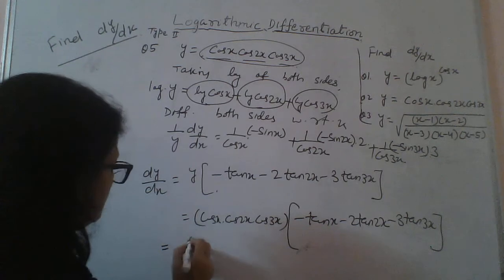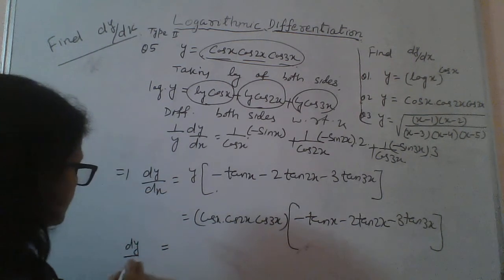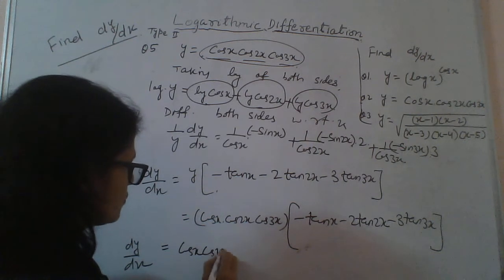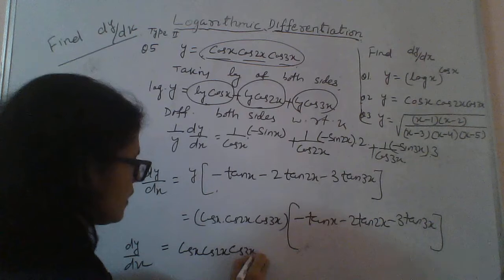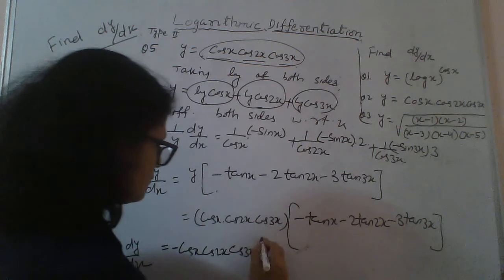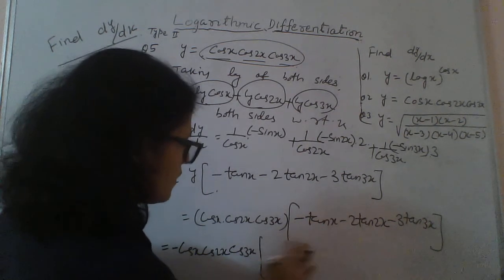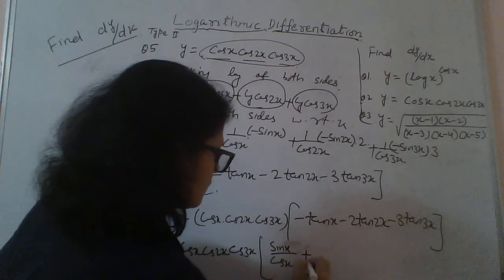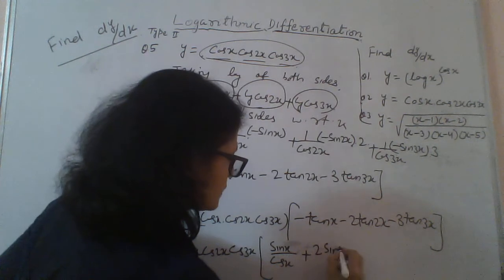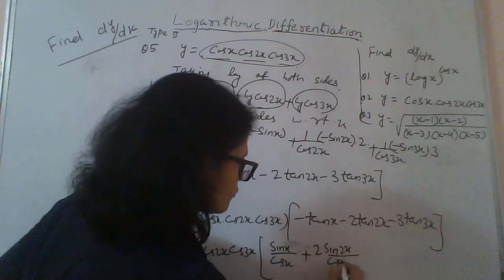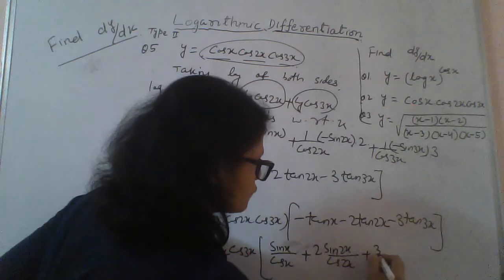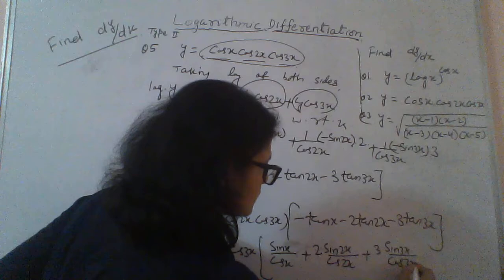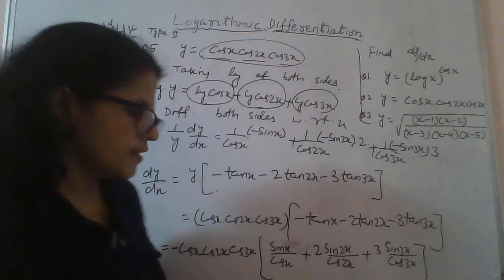So dy by dx equal to your cos x, cos 2x, cos 3x. I can take this minus out. Then you can have sin x by cos x plus 2 sin 2x by cos 2x plus 3 sin 3x by cos 3x.